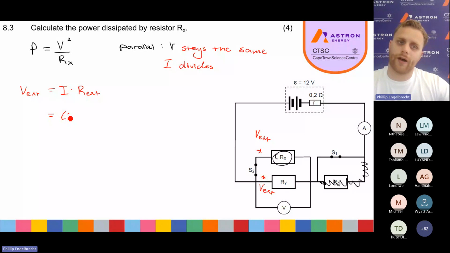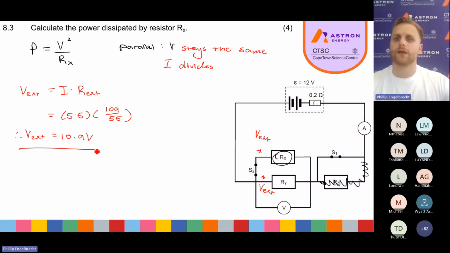So that becomes 5.5 times 109 over 55. You type that on your calculator and you get that your external voltage is equal to 10.9 volts. That means that in each branch, we are getting 10.9 volts.